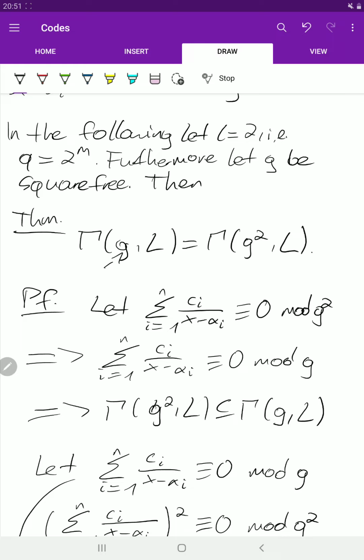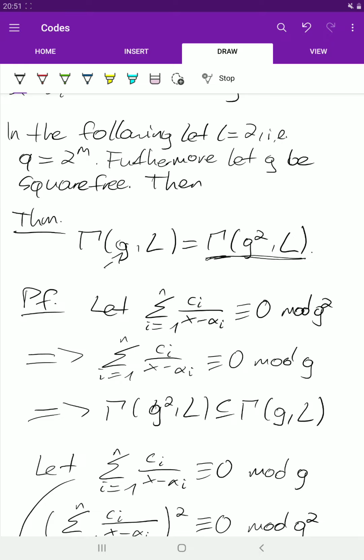So for instance, let's say you want to decode a Goppa code and you want to use the Berlekamp-Massey algorithm. If you use this equation here, you can decode more errors, or at least you get a better bound for the number of errors you can correct with the algorithm.